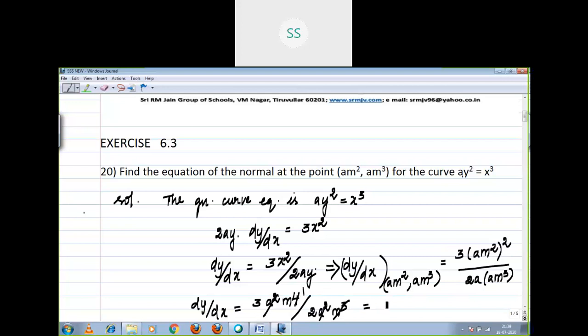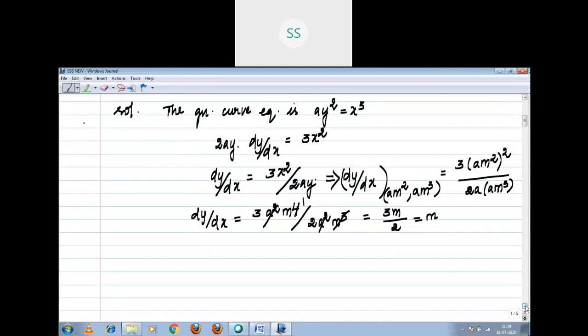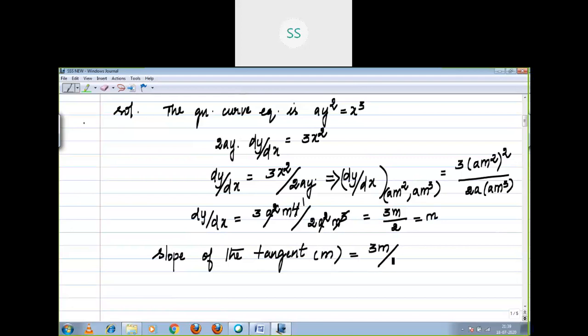So finally what you arrive at? 3m/2. This is your m, the slope of the tangent, right? dy/dx represents your slope of the tangent, which should be represented by m, equal to 3m/2.